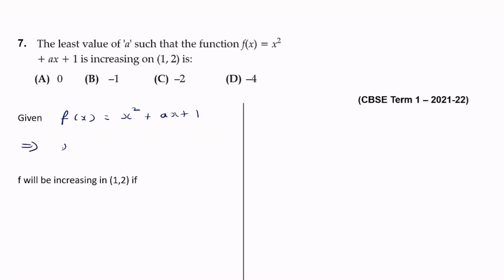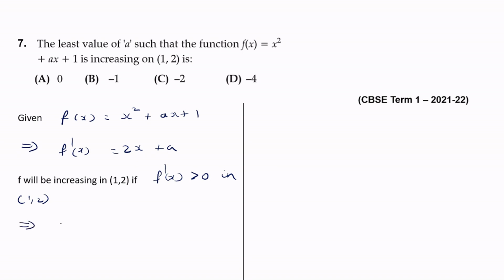So from this we have f dash of x equal to 2x plus a. Now f will be increasing in 1, 2 if f dash of x greater than 0 in open interval 1, 2.